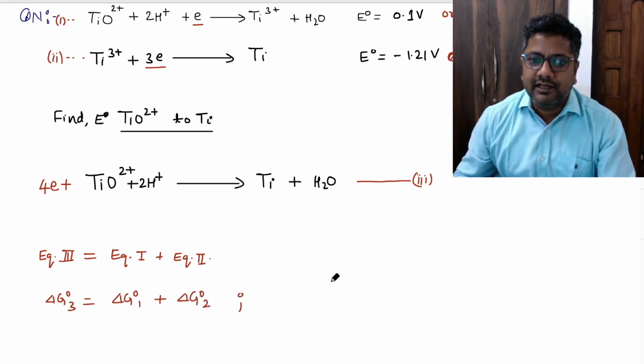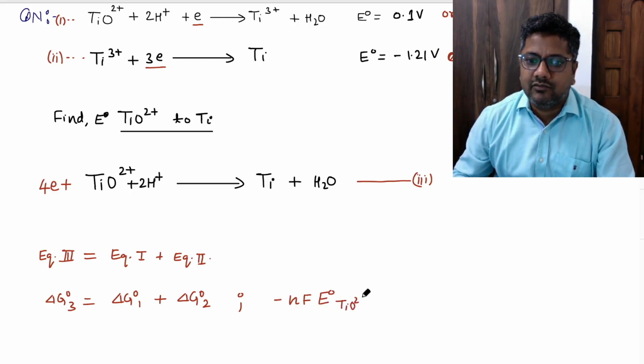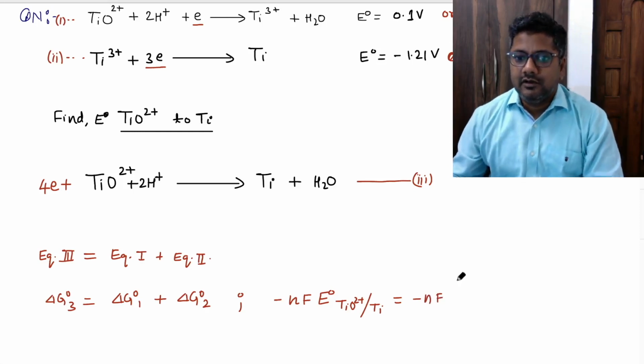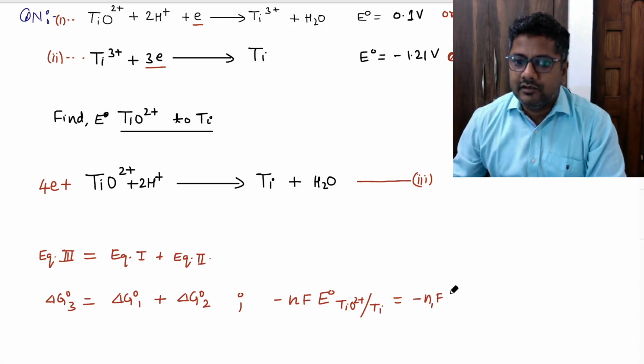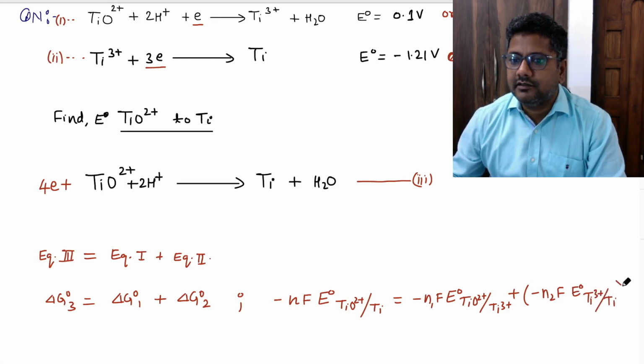So you can write delta G naught 3 is equal to minus nFE naught of TiO2 plus 2Ti3 plus, which is equal to minus n1 F E naught of TiO2 plus 2Ti3 plus, minus n2 F E naught of Ti3 plus to Ti, right?